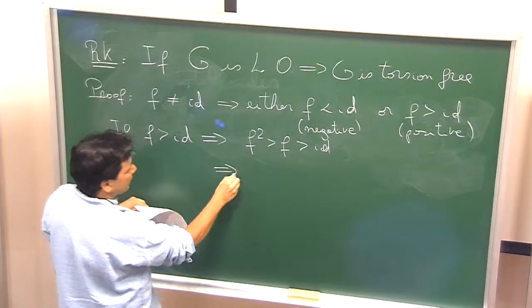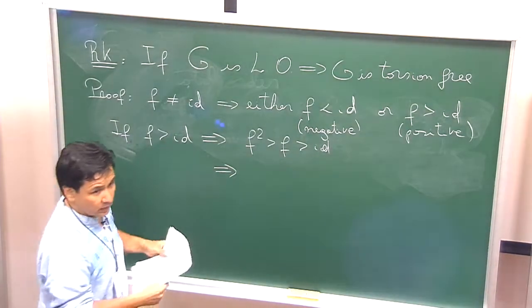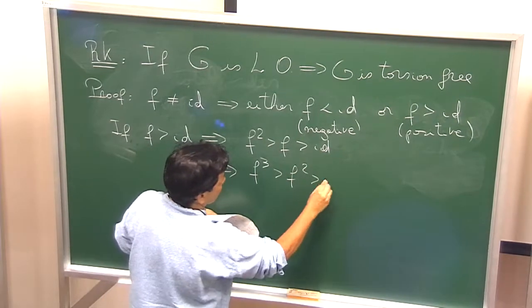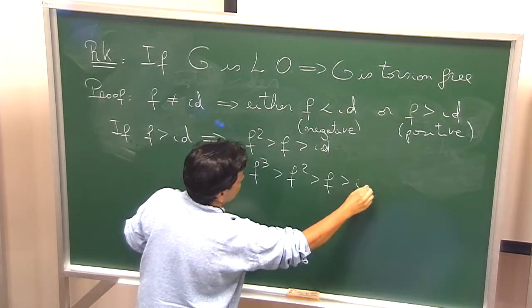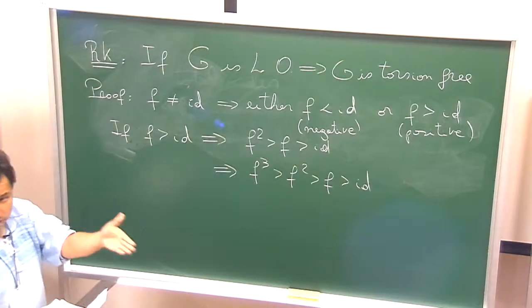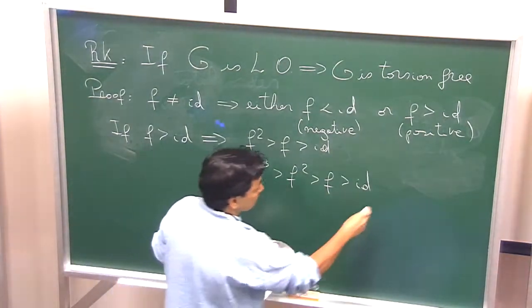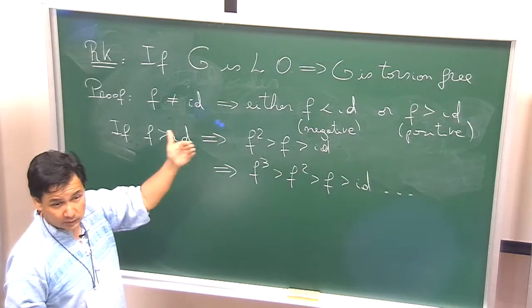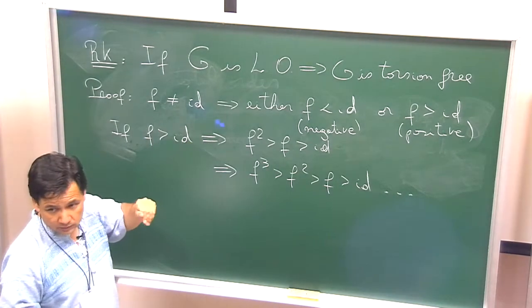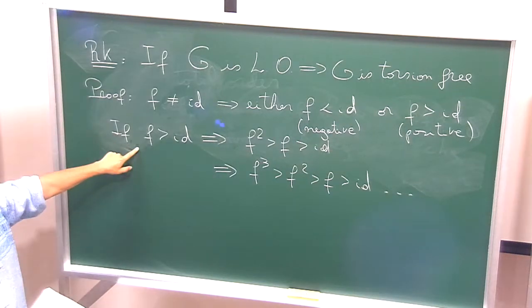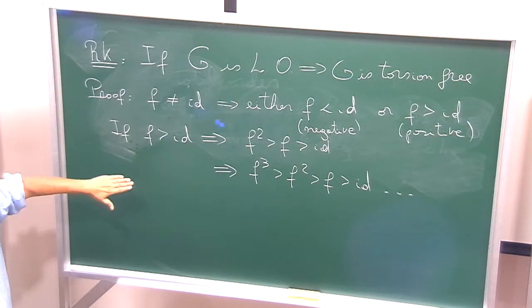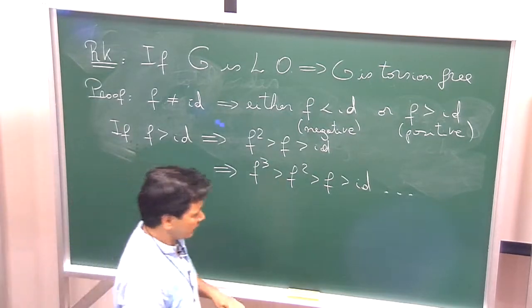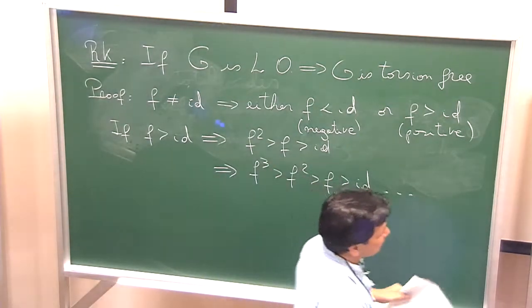And then you multiply again by f on the left, and what you get is f cubed is larger than f squared, larger than f, which was already larger than the identity, and so on. So all powers of this element are positive. So the element cannot be of finite order. And of course, if f is negative, smaller than the identity, you can do the same stuff. So if a group is left orderable, then it is torsion free.